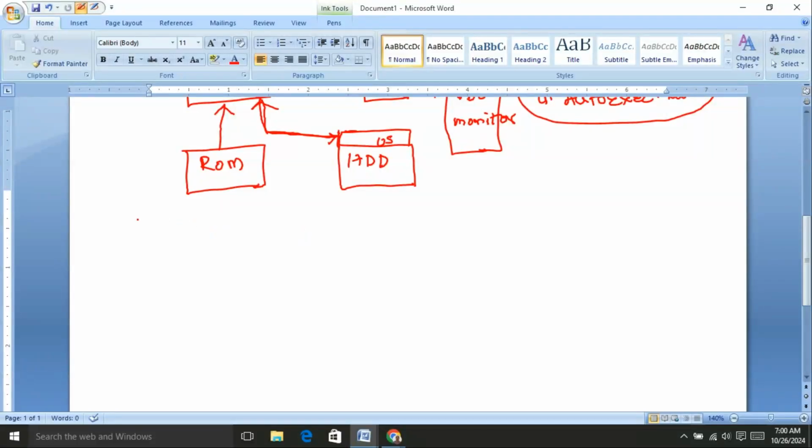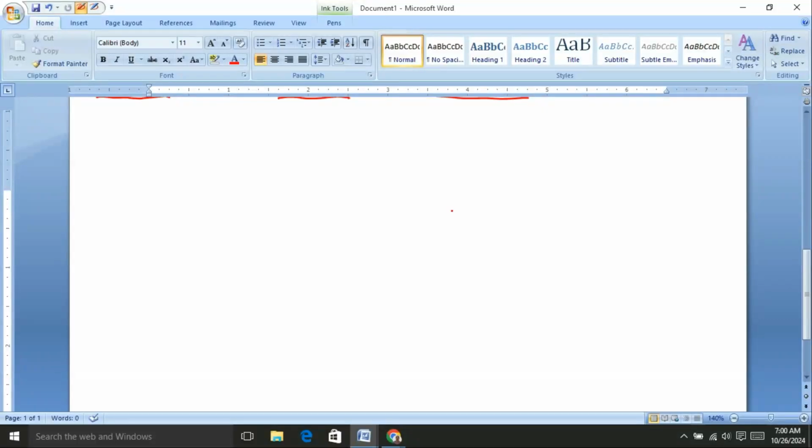Now I enter into the actual concepts of memory organization. Here I can explain these concepts in two parts. As we all know, the main memory is divided into two concepts: one is the random access memory and another one is the read-only memory.